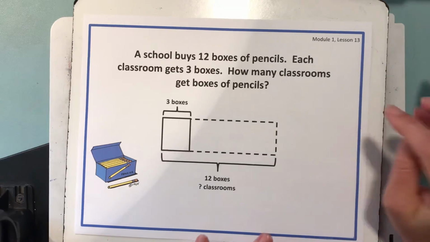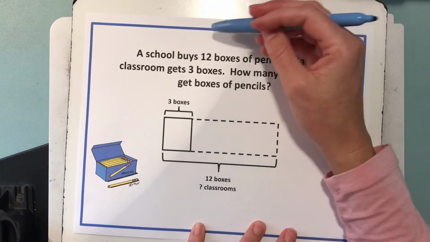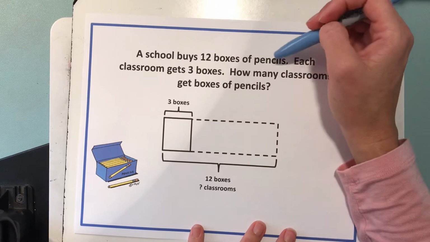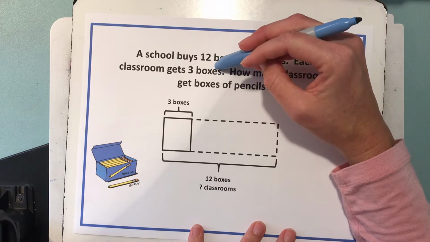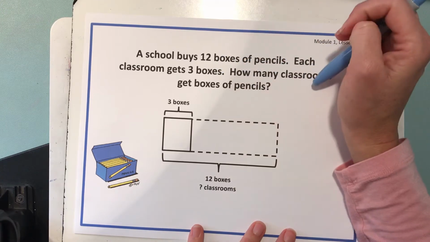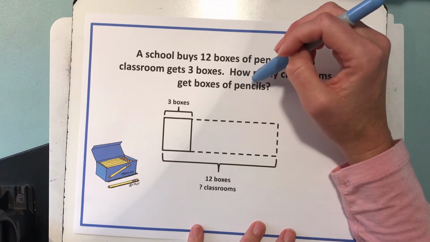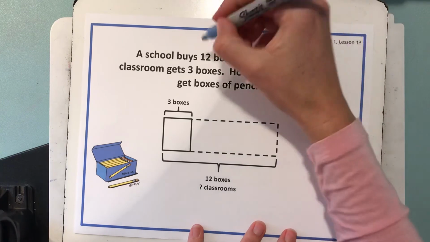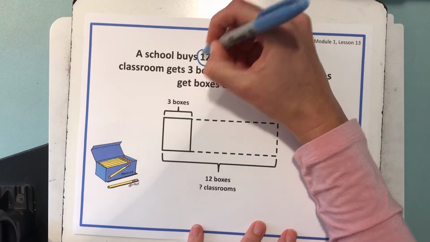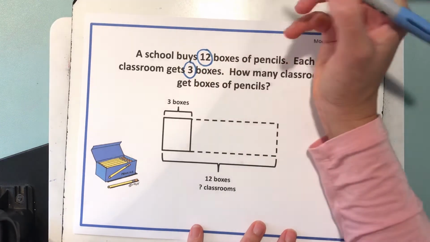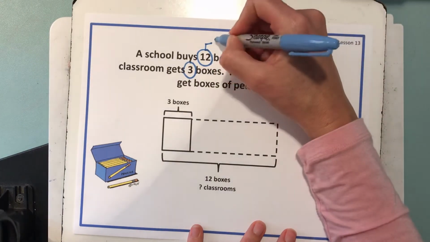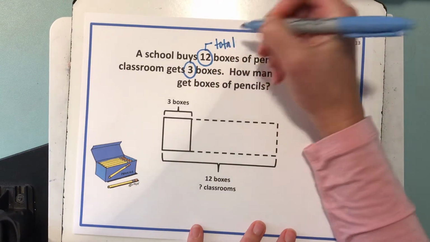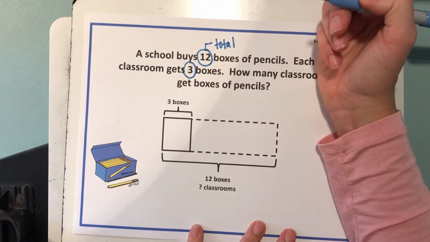So here we go. We need to read the problem first. A school buys 12 boxes of pencils. Each classroom gets 3 boxes. How many classrooms get boxes of pencils? So I'm going to circle my numbers here. What do we know? Well, we know that 12 represents the total, right? That's the total boxes. There's 12 boxes of pencils.